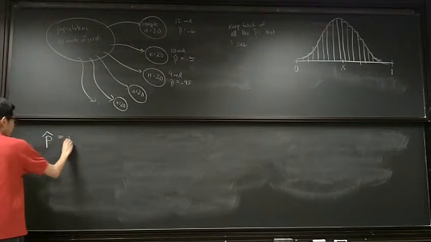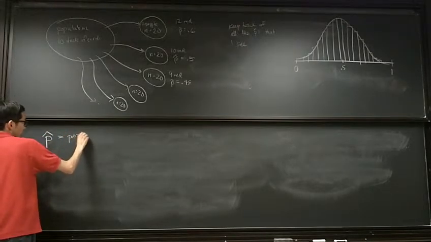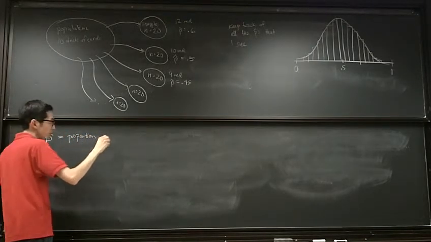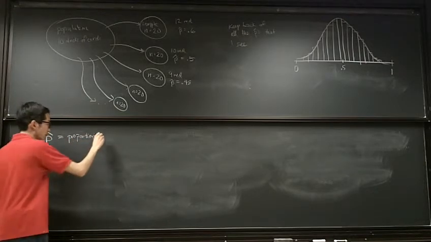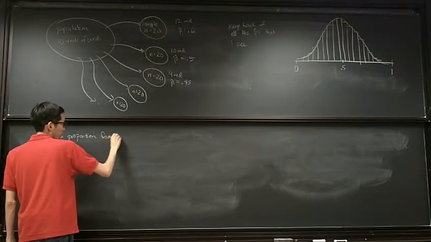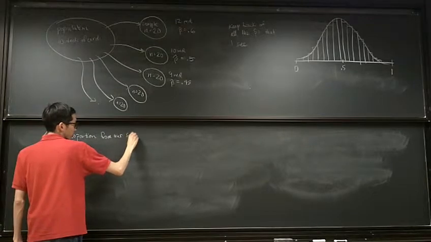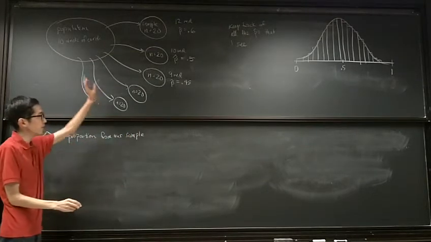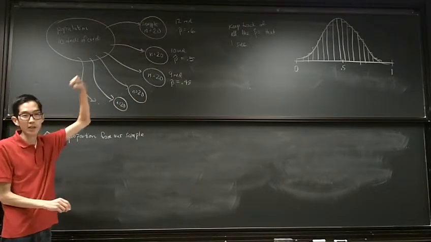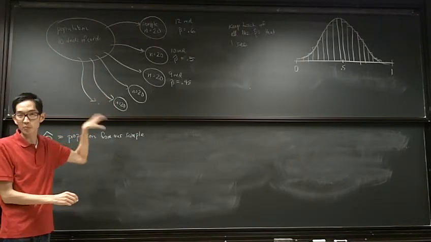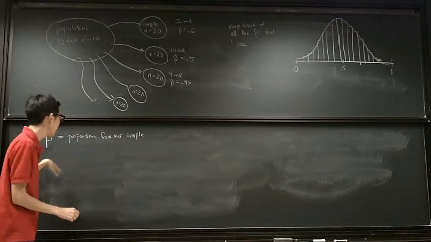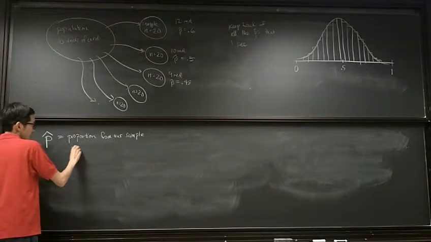It's a proportion from our sample, okay? And so when we took a sample of 20 cards or a sample of 5 people or whatever, it's the proportion that we got. That's our p hat, okay? Sometimes we call this the sample proportion.